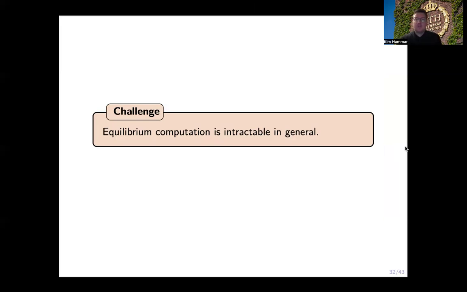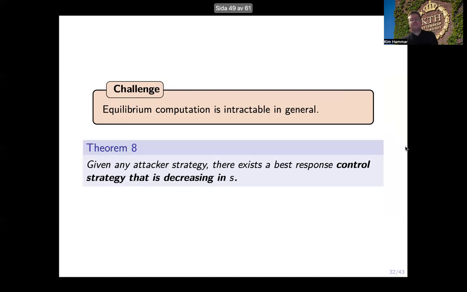However, as you may have noticed, our game has a very special or quite simple structure, which actually enables efficient computation of equilibria. In particular, we show that the best response for the controller is always going to be decreasing in the state. So the state here is the number of healthy nodes in the system. And clearly, the fewer the number of healthy nodes you have, the more likely it should be that you add another node.